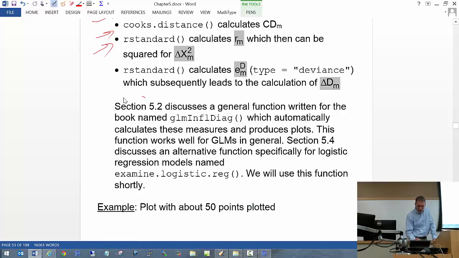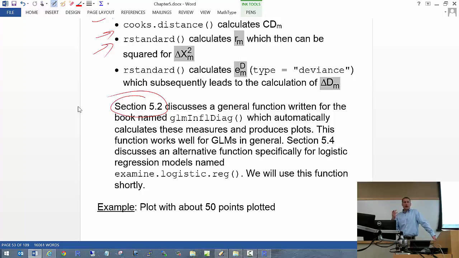In section 5.2 of my book, we put together a general function that can be used with chapter 2 and also chapter 4 called glmInfl.diag, which automatically calculates some of these measures. You're welcome to use that.